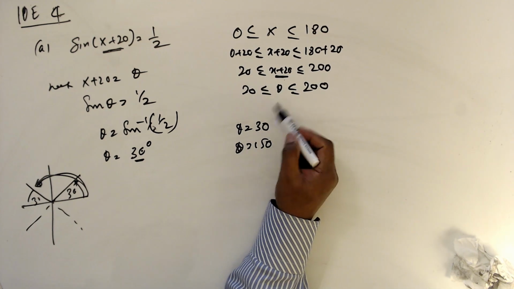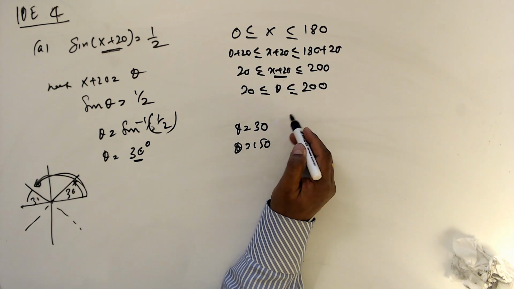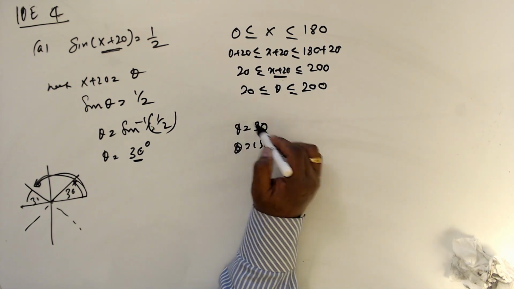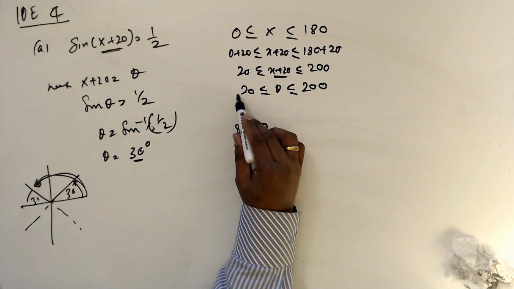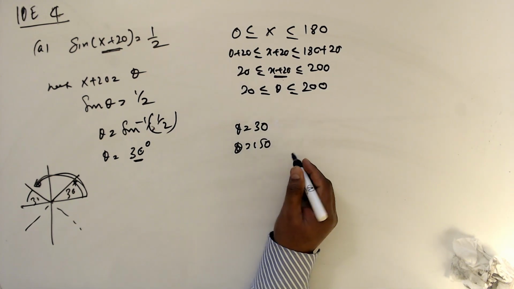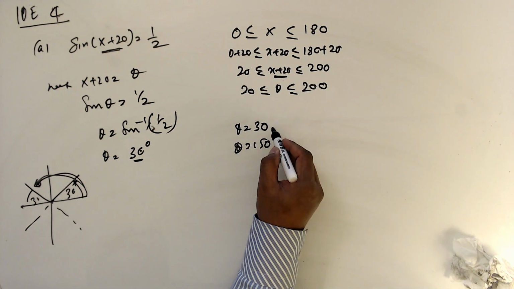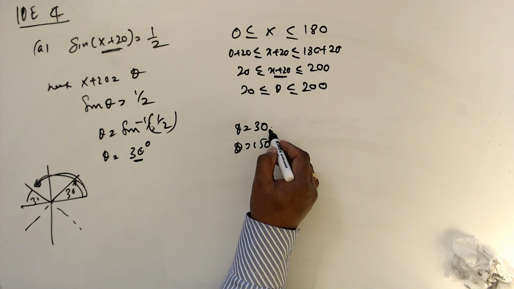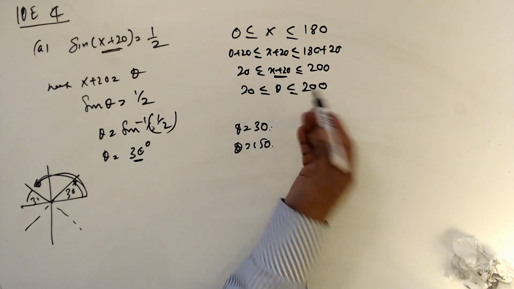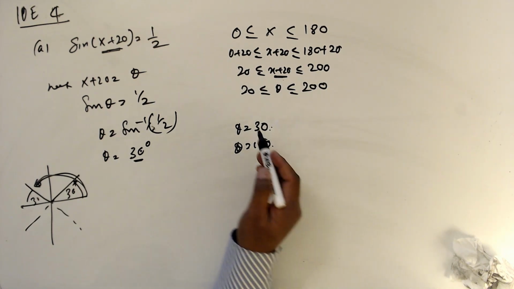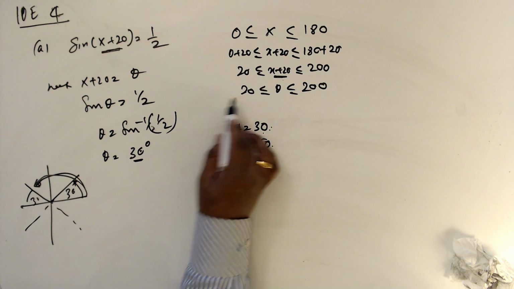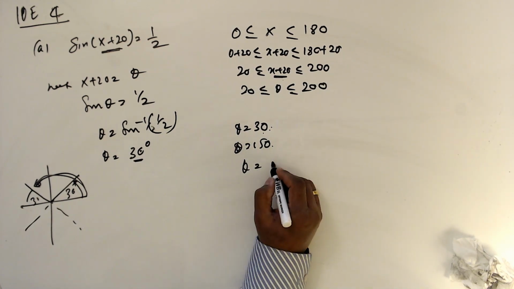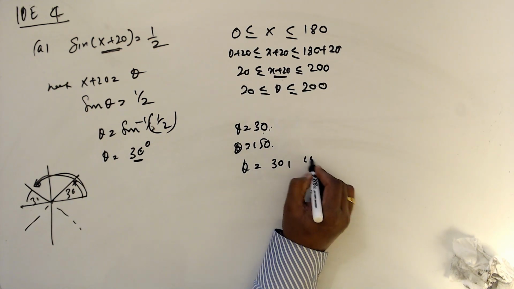Is this within the range? Yes. If you add 360, it is out of range. If you take 360 away, it is also out of range. So only two answers: theta equal 30 and 150.